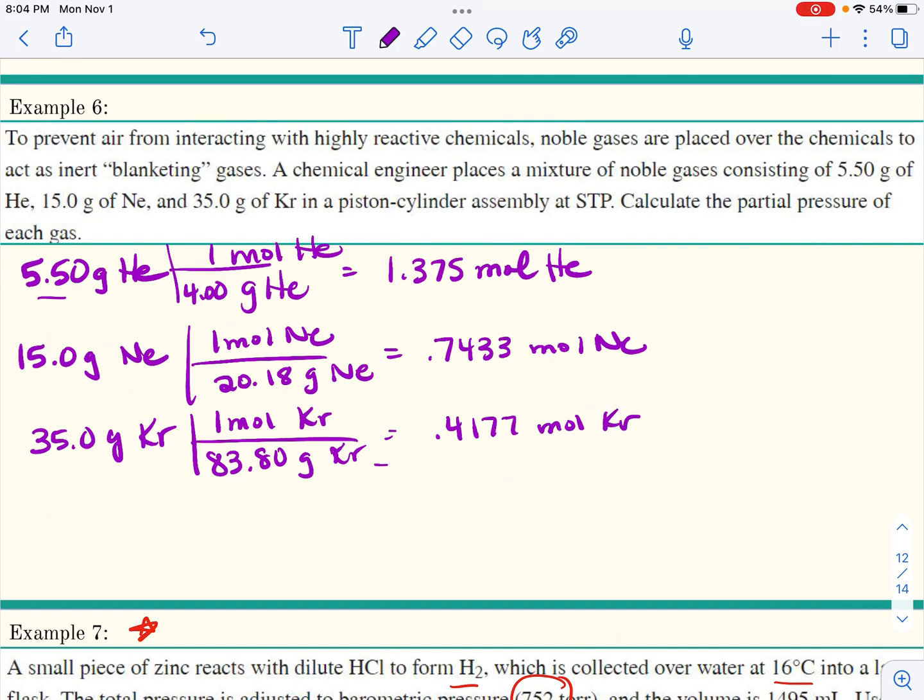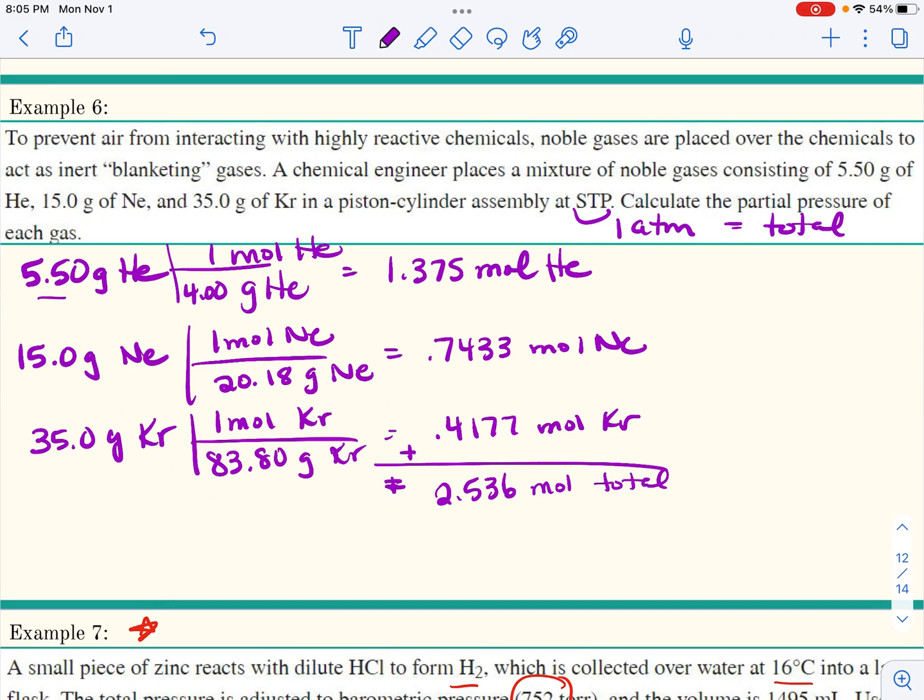So now I have moles of all these three gases in this container, so I can come and add them up, right? So when I add them up, I get a total of 2.536 moles total. So since I know that the standard pressure is 1 atmosphere, I know that this has to be the total pressure of this mixture.